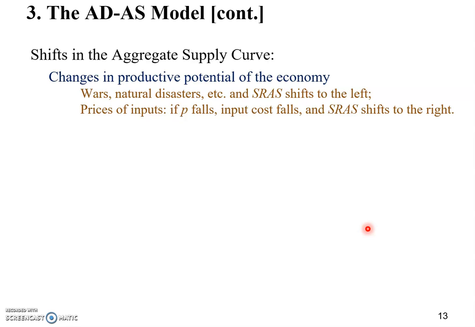Okay? Now, remember when we derive the short-run aggregate supply curve, we use a theory called the sticky price theory, right? Over there, we said that the input price could be stickier in the short run. So here, what we're looking at is really some particular inputs.